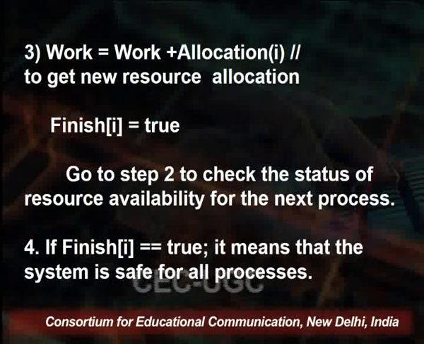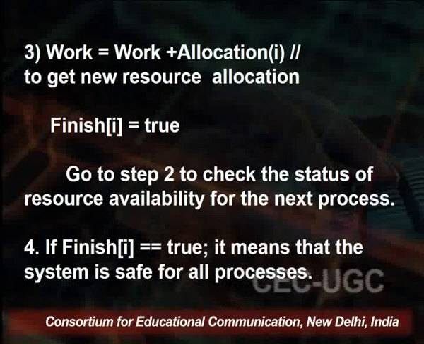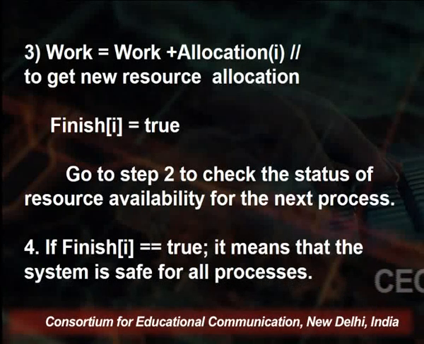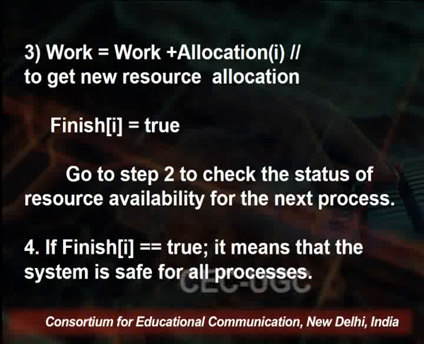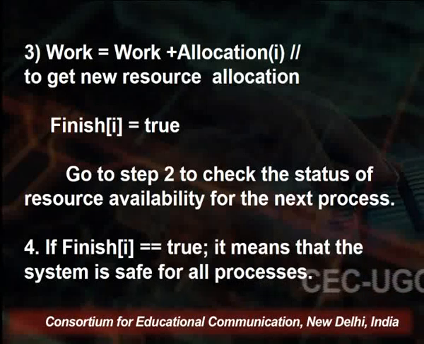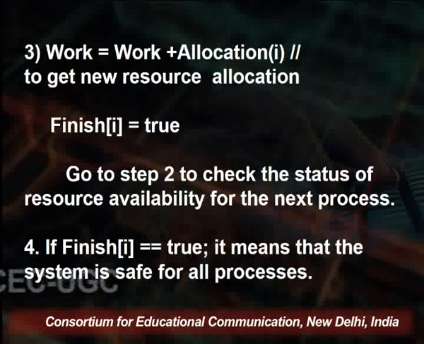Then if we are going to allocate the resource, that allocation will be added to what is already allocated. For example, let us say we are allocating 2 instances of printer and one is already allocated, so now the total allocation is going to be 3.